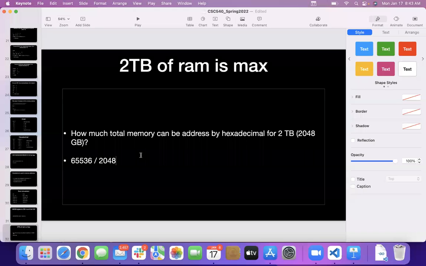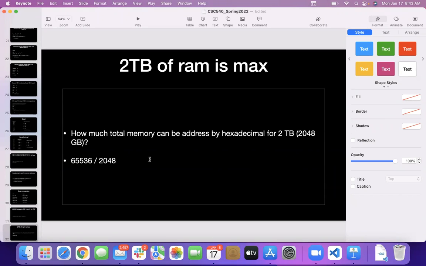Now, the reality is that our operating systems today, and like I said, we're not going to go too deep into this, do tricks with base 16 to give us even more than 65,536 unique memory addresses. They allow us to count in larger values.